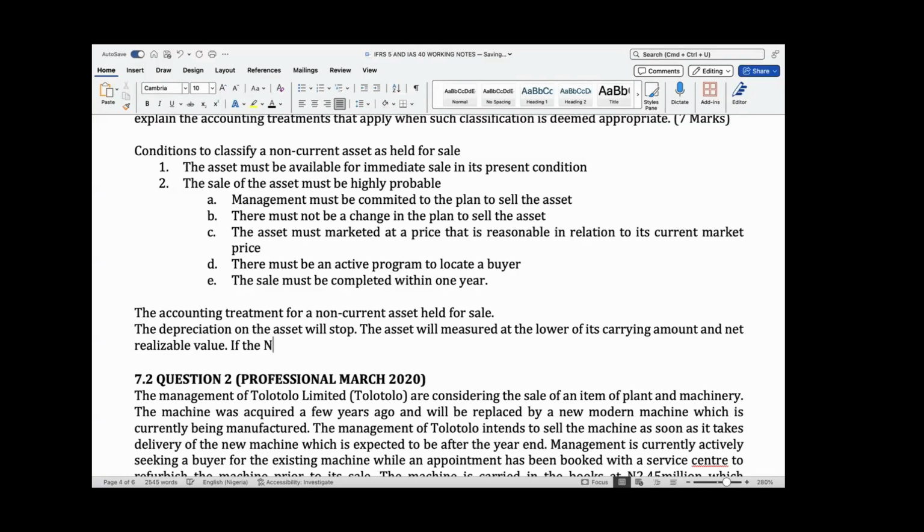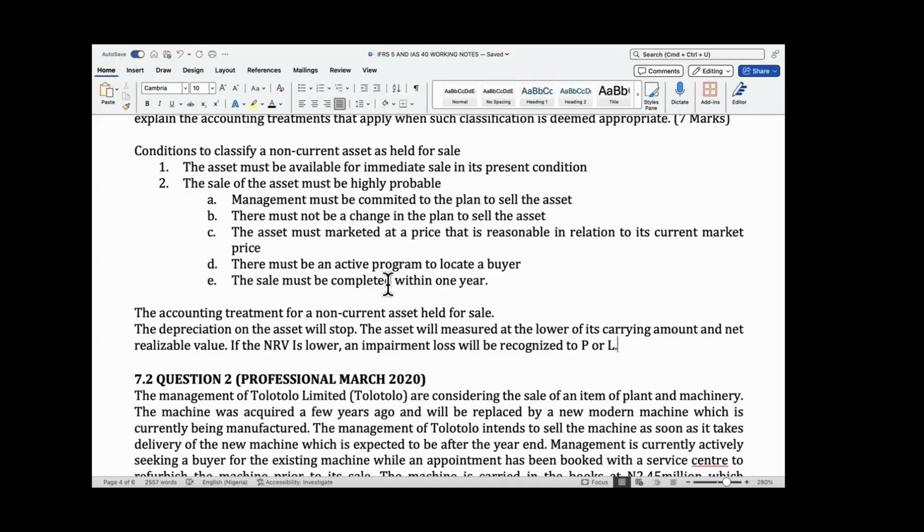And if the NRV is lower, an impairment loss will be recognized to profit or loss.